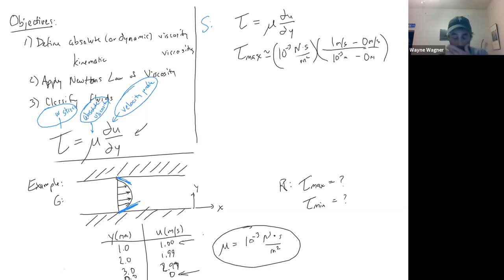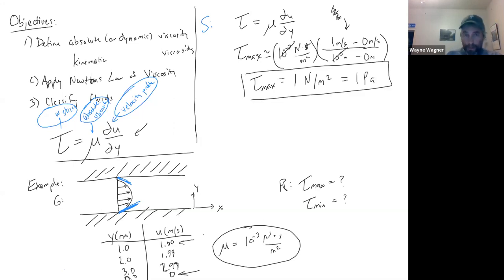If we check the units, this becomes meters per second over meters, so 1 over seconds. That cancels with this seconds right here, and I get a pressure. So tau max equals, if I plug that in, a very boring plug-in, because this cancels with that basically, and I'm left with 1 newton per meter squared, or 1 Pascal. Okay, and what's tau min?